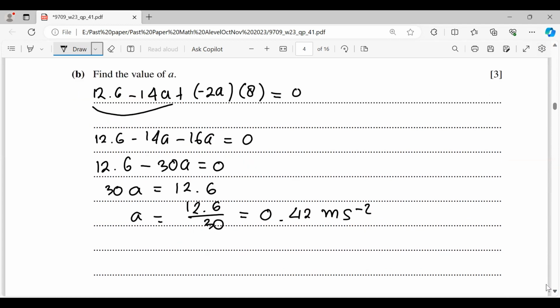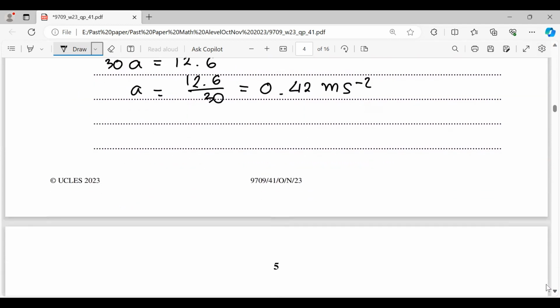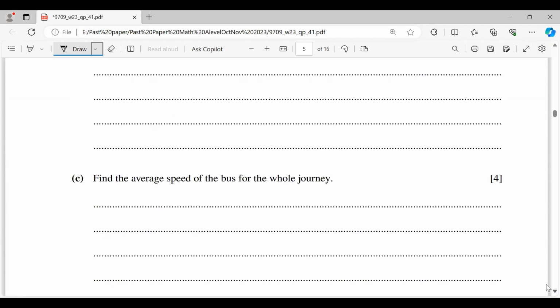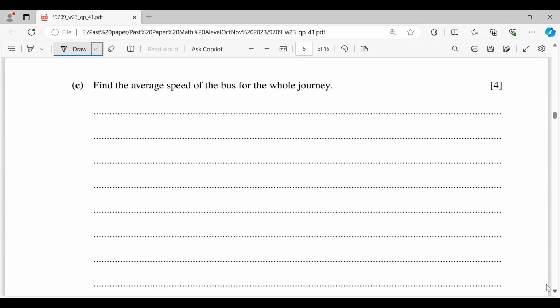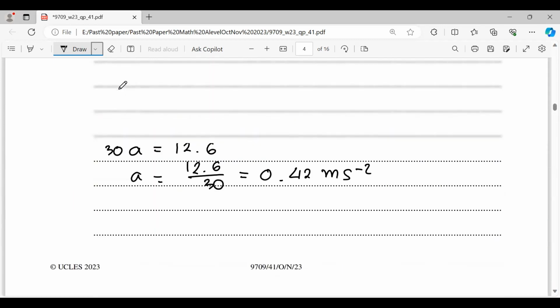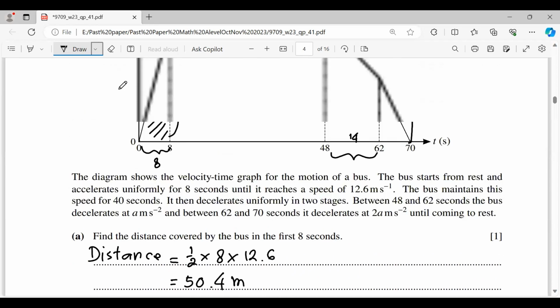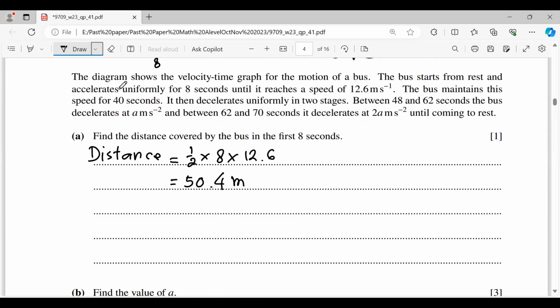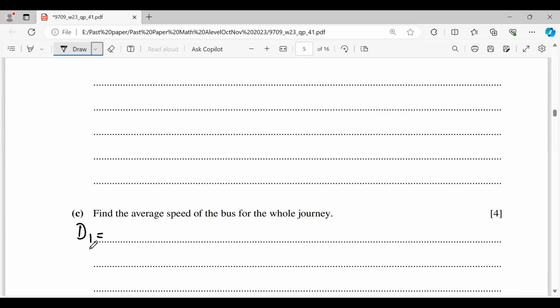Next, find the average speed of the bus for the whole journey. Right. Just now D1 we calculated already, D1 is 50.4.